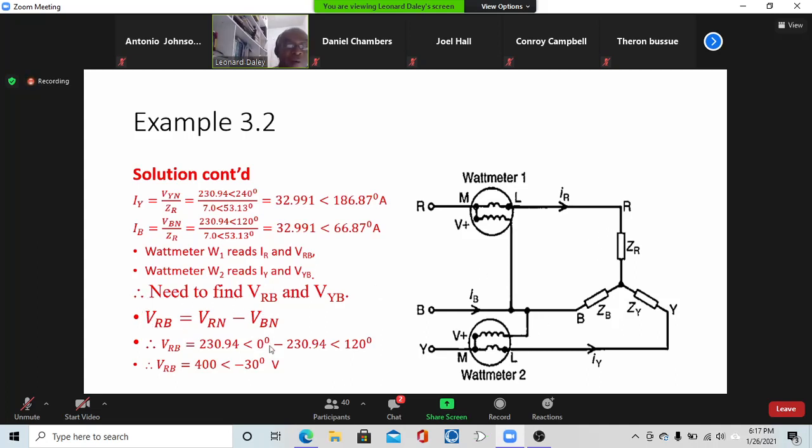When we were defining our line voltages for the star system, you take the first one minus the second one. So VRN minus VBN. So VRB works out to be 400 at angle minus 30. Everybody with me with that? Yes, sir.